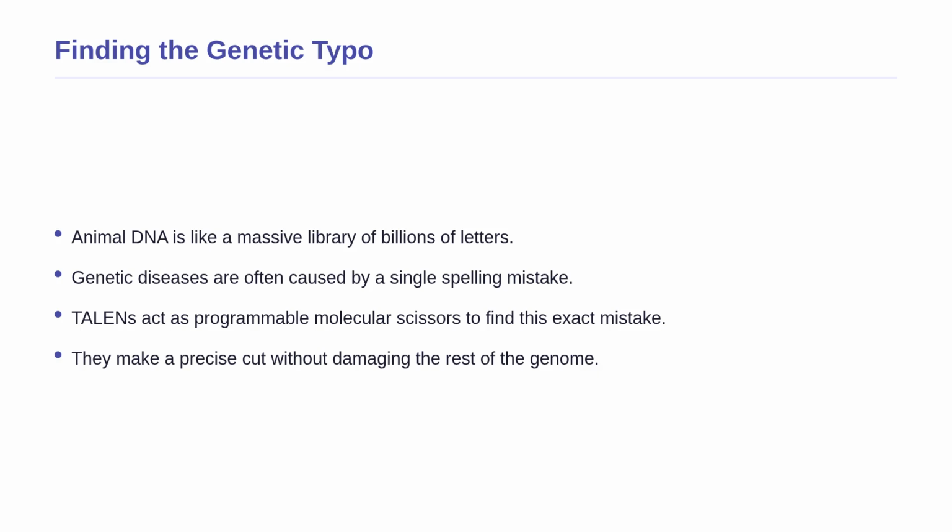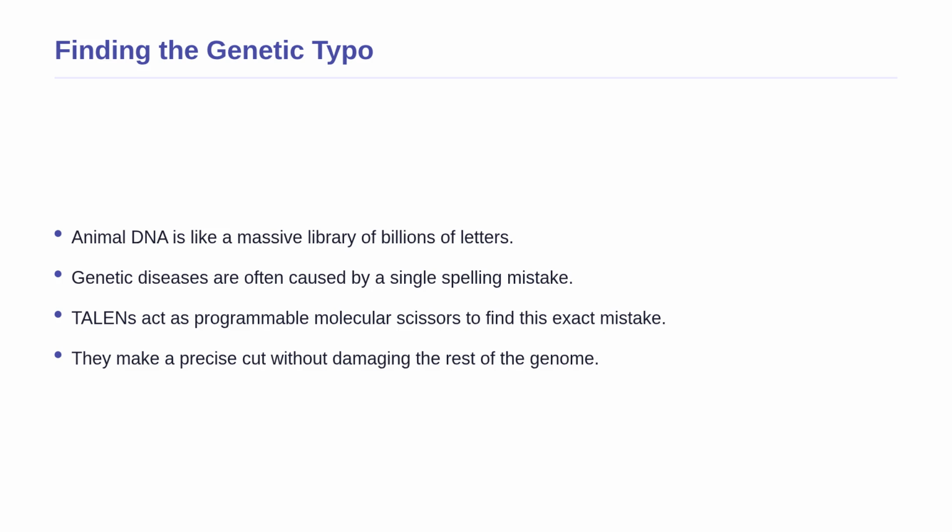To truly appreciate how TALENs operate, imagine you have a massive library containing billions of letters. This library represents the DNA inside an animal cell. Now, suppose there is a single spelling mistake in one specific book that causes a terrible genetic disease. How do you find and fix that exact mistake without damaging any other books?